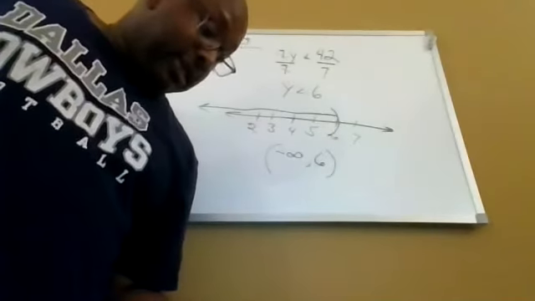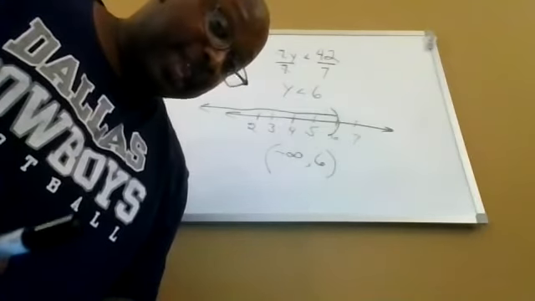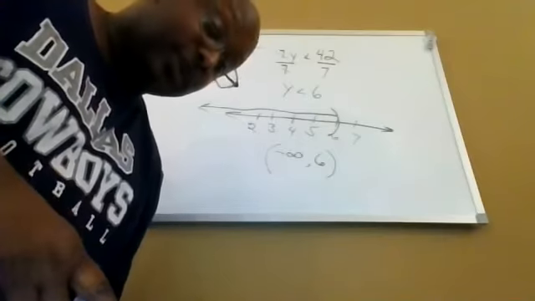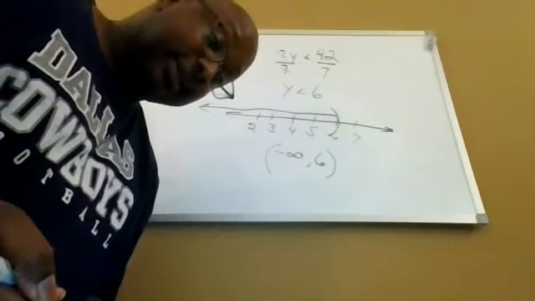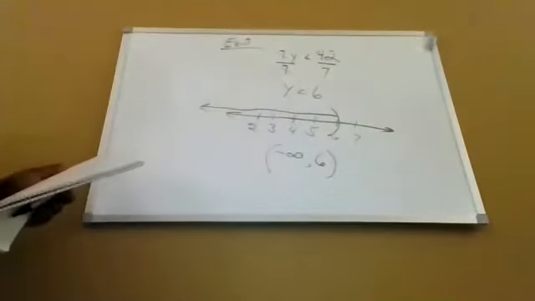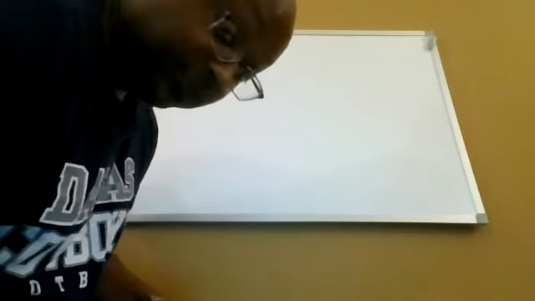Okay. Our next example will actually involve a negative number. Here's the thing: when you have to divide by a negative number when solving for a variable, it's going to change the direction of your symbol, but you'll see. I've got the inequality -10 times A is greater than or equal to 50.